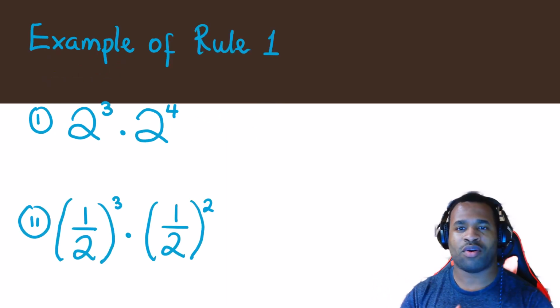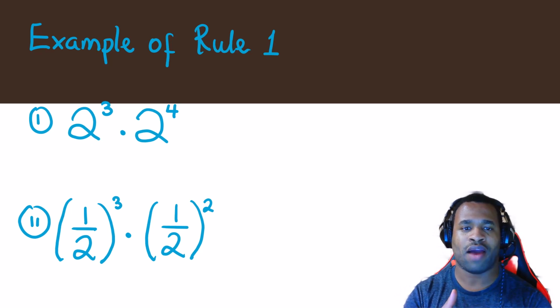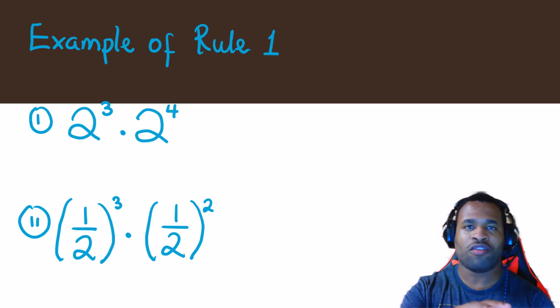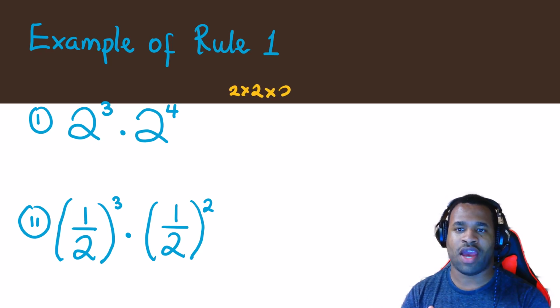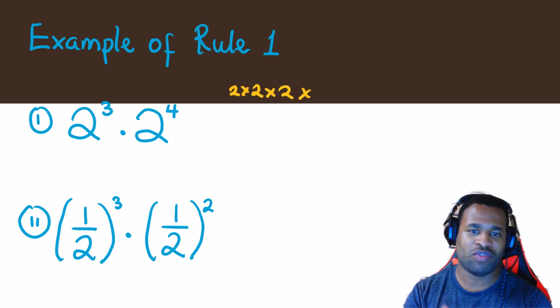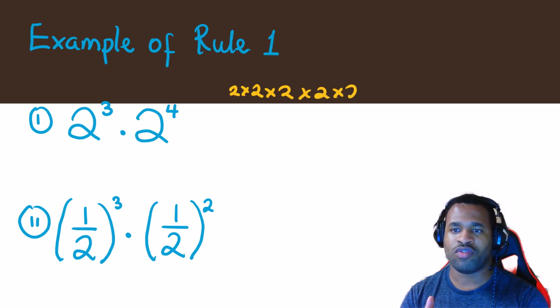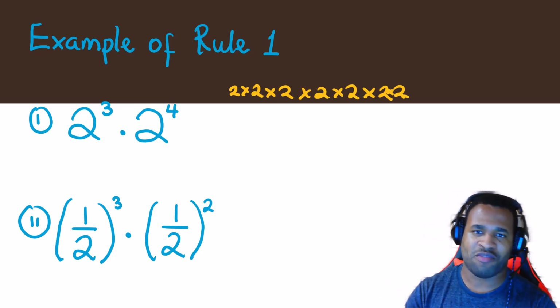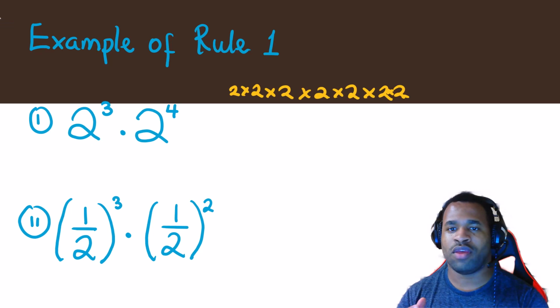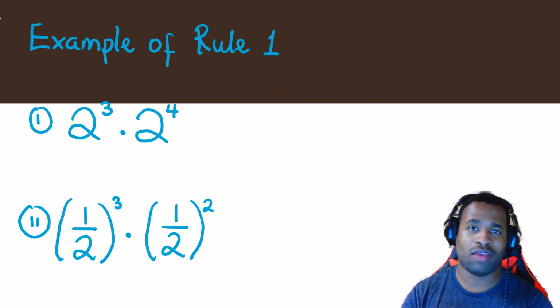Now an example of the first rule is shown right here, which shows that we have 2 to the power of 3 times 2 to the power of 4. Instead of expanding this, where we have 3 2's here and then you're multiplying it by 4 2's here, and multiplying all these 2's together to get our final answer using expanded form, what we can do is the following.